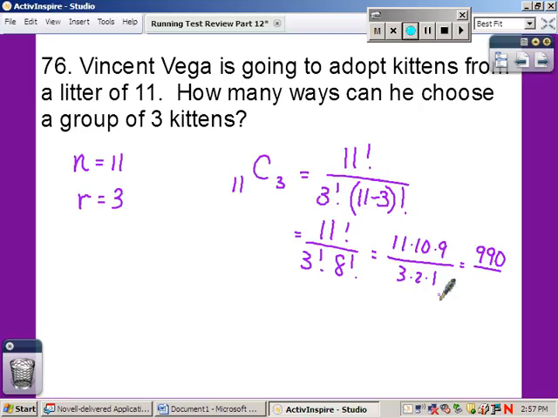And 3 times 2 times 1 is 6. So we need to do 990 divided by 6, which is 165. So in other words, there are 165 ways that you could possibly pick 3 kittens out of this litter of 11.